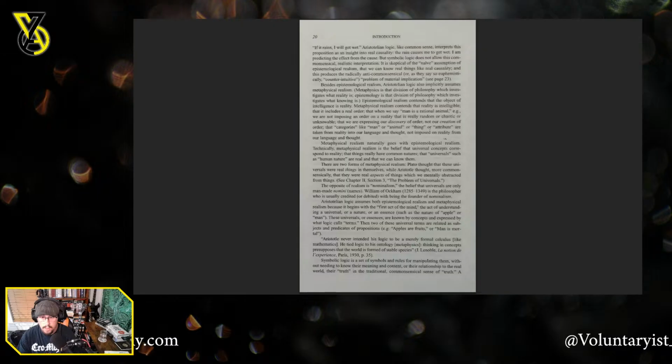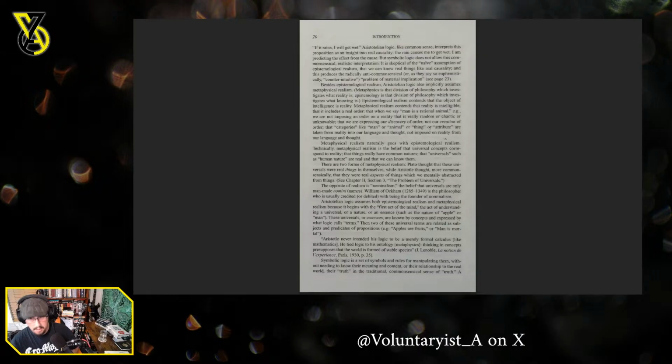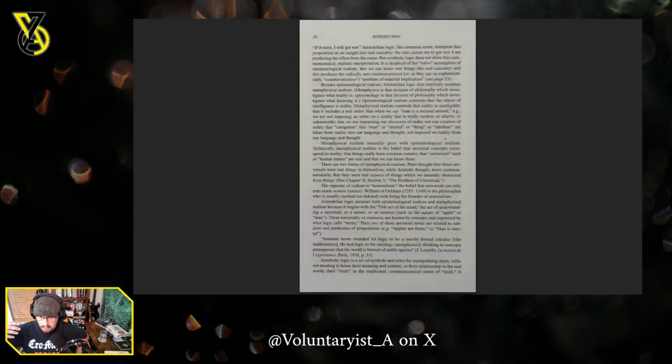There are two forms of metaphysical realism. Plato thought that these universals were real things in themselves, while Aristotle thought, more commonsensically, that they were real aspects of things, which we mentally abstracted from things.